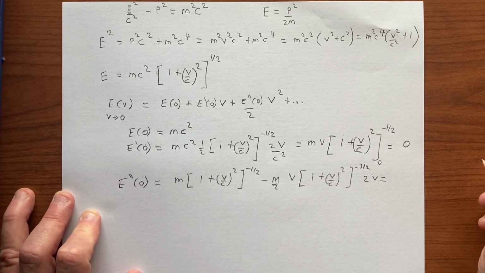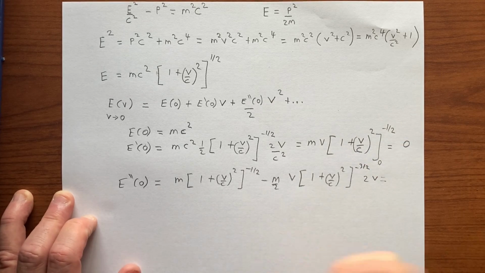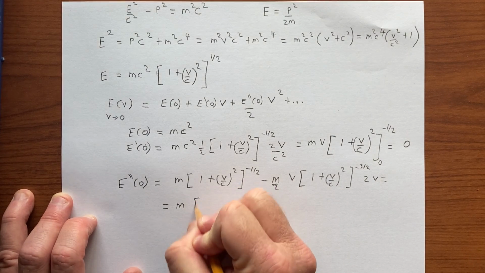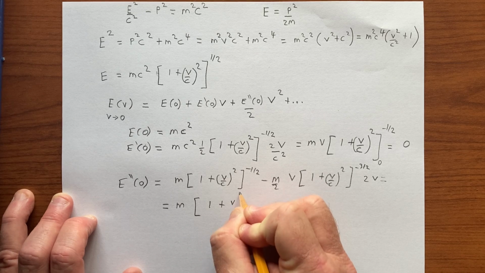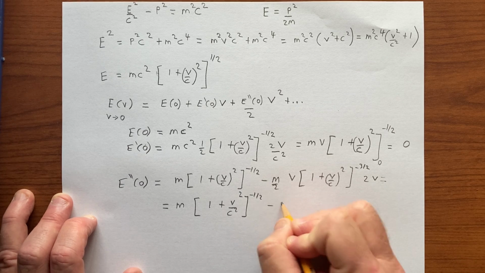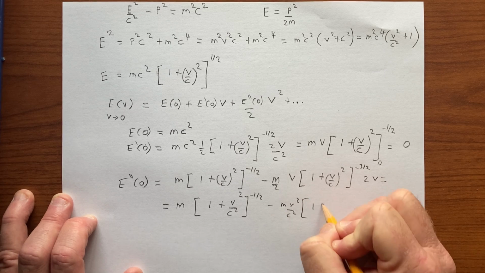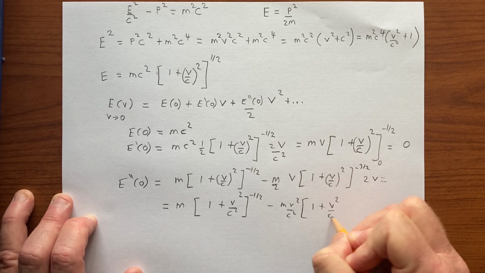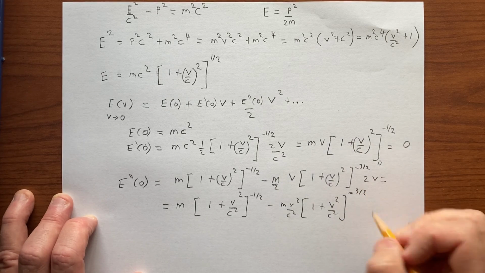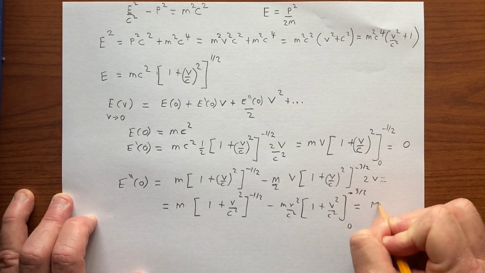That evaluated at v equals 0 is equal to m times 1 plus v squared over c squared to the minus 1/2 minus mv squared over c squared times the same thing, well, to the minus 3/2. And so evaluated at v equals 0, we get just m.